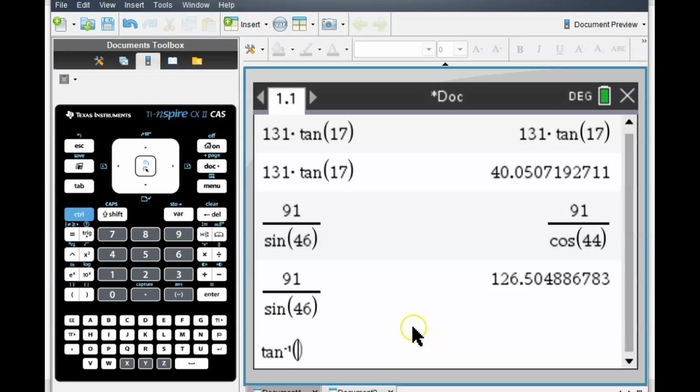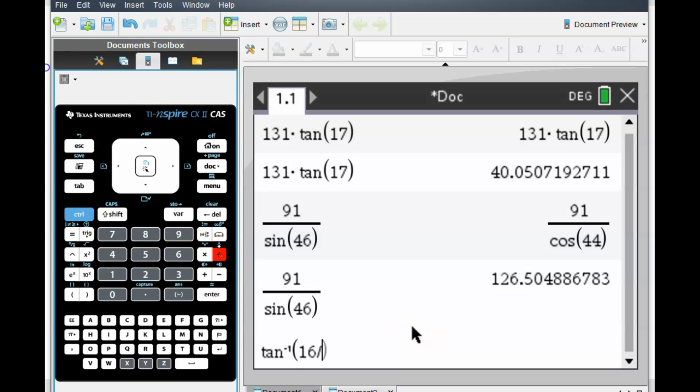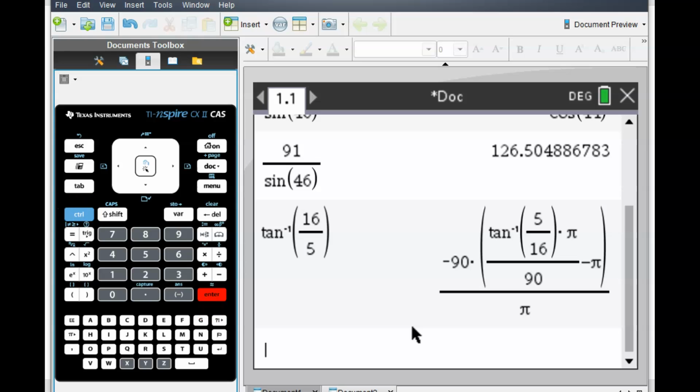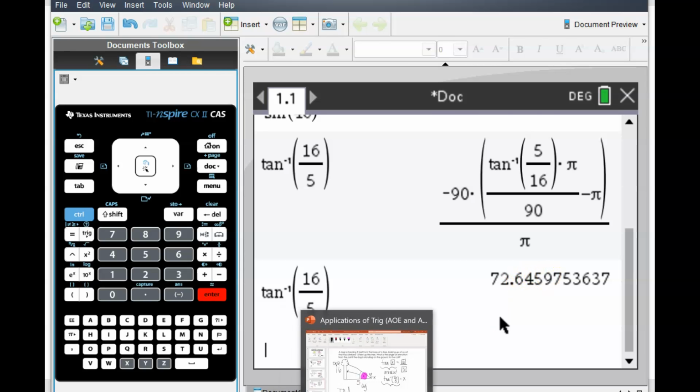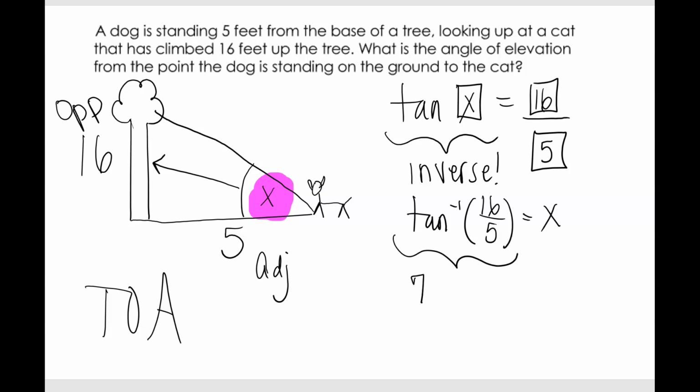Make sure you pick the correct one. 72.6598, or 72.6459. That's a 7, which brings that 9 to a 10, which brings us to a 6. So 72.6460 is equal to x.